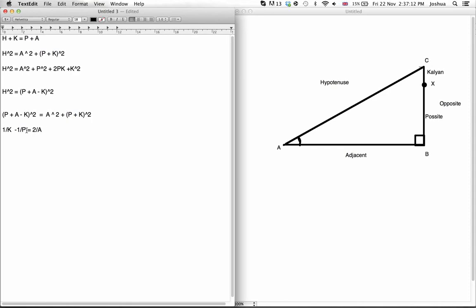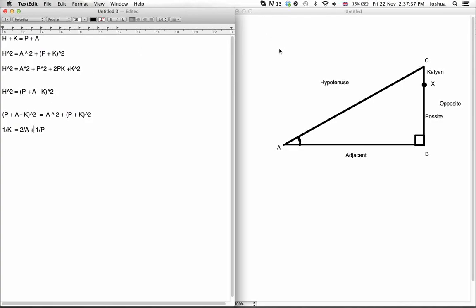And you could write it then by just adding 1 divided by P to both sides, to give you, turn that to a plus. What on earth did I do?